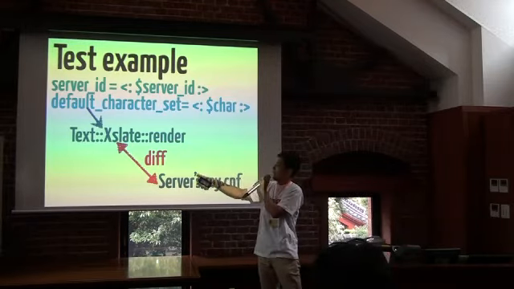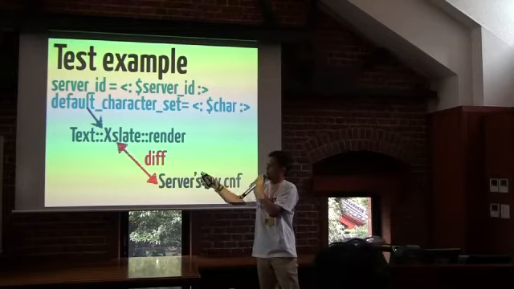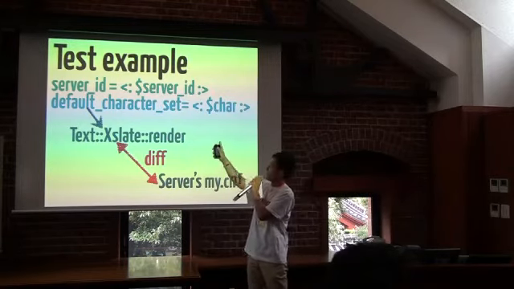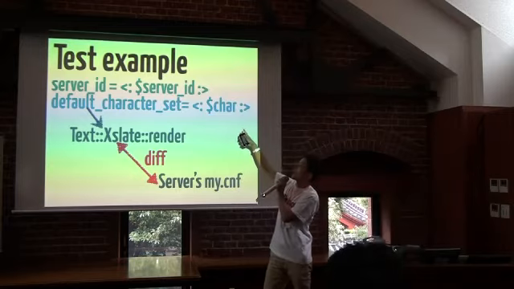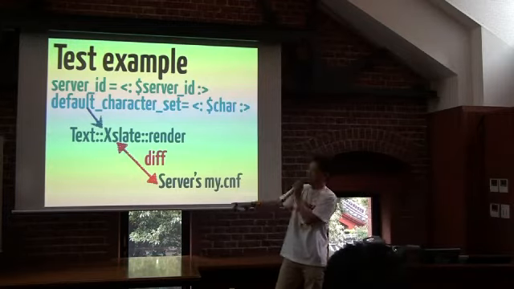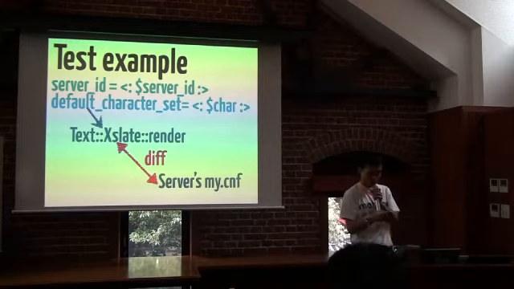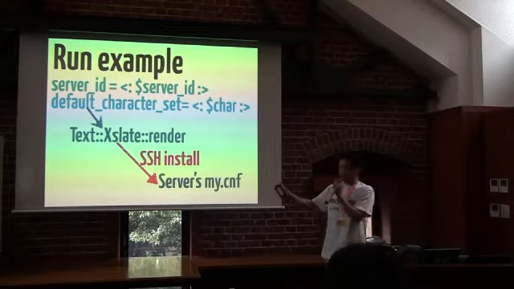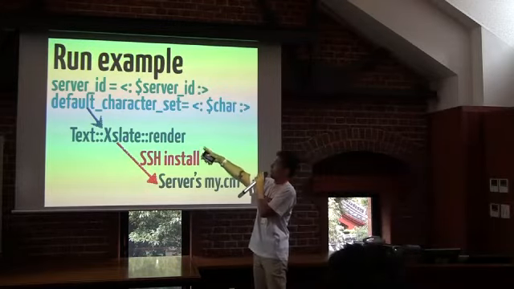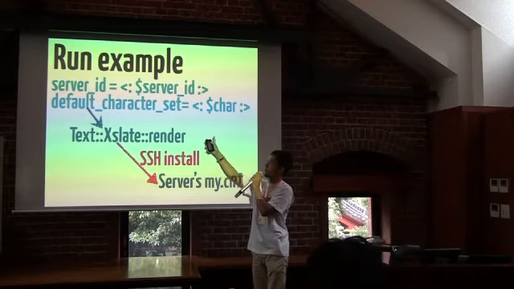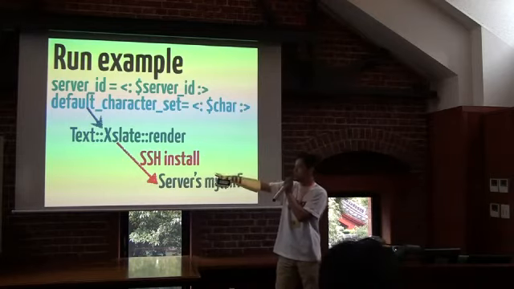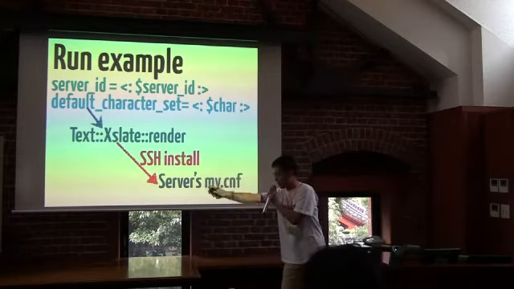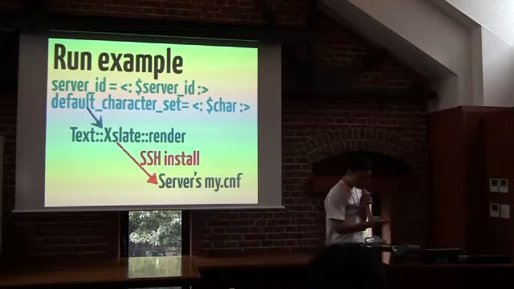Then you can take the difference between the correct my.conf and the server's my.conf. This is the test procedure. And run is also the same. Render the correct my.conf, then SSH and copy the file to the new server.